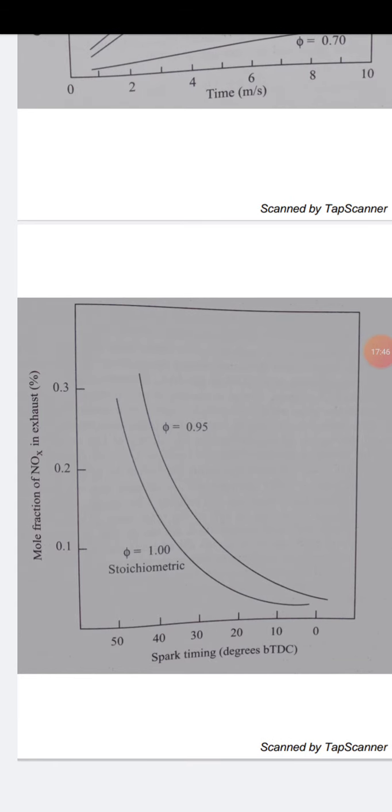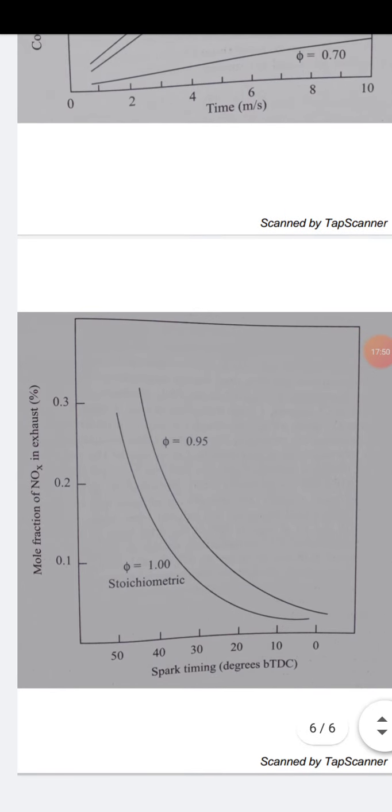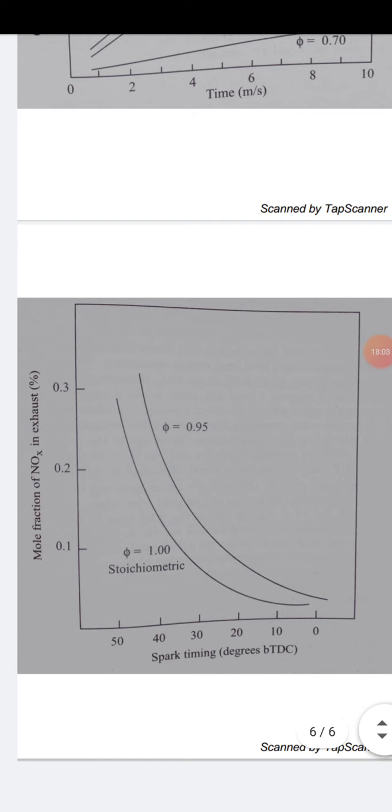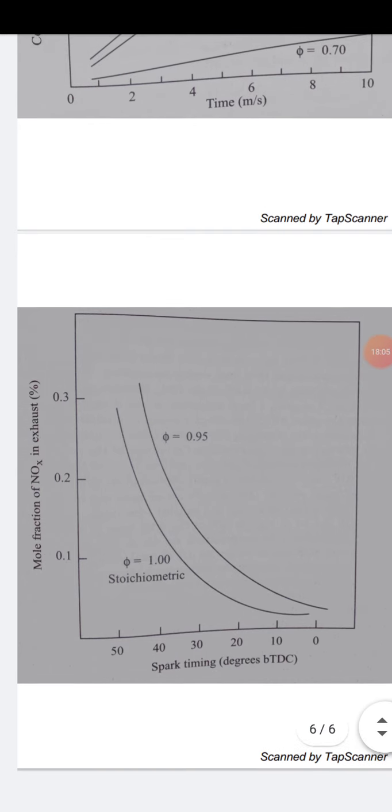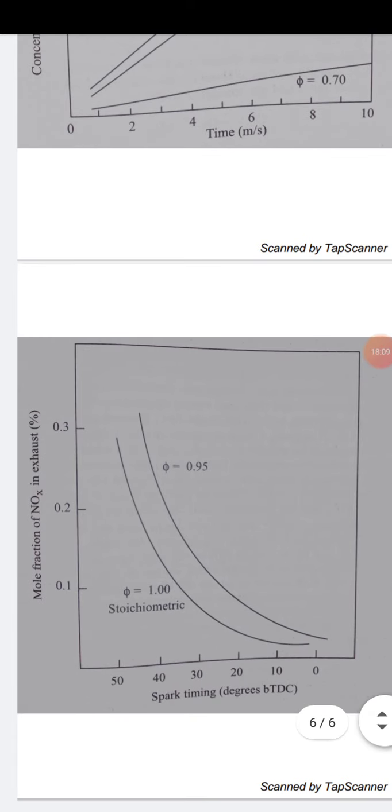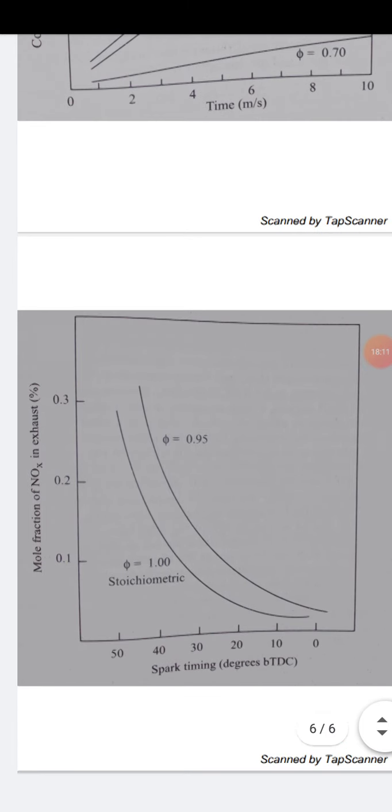If the spark is advanced, the cylinder temperature will be increased and more NOx will be created. More NOx is also created in a CI engine, or compression ignition engine, because it has a higher compression ratio and higher temperature and pressure.